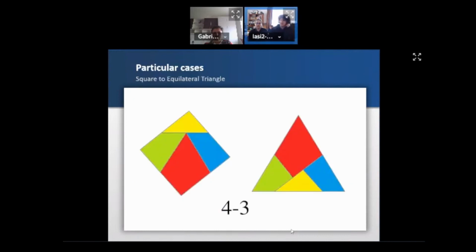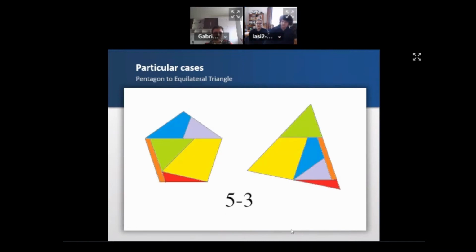And here we have some specific cases. For example, here we have a square and an equilateral triangle of equal area. And this is the minimum number of pieces in which we need to cut one polygon in order to transform it to the other. And we have a few examples.